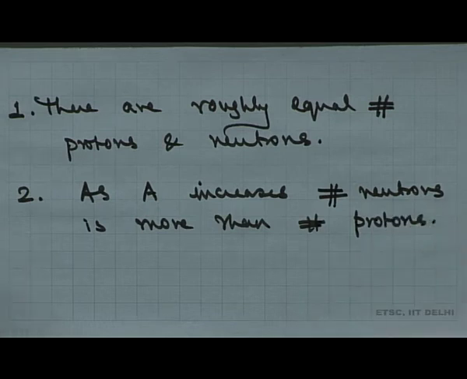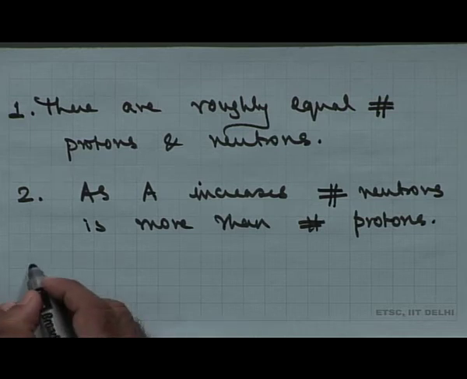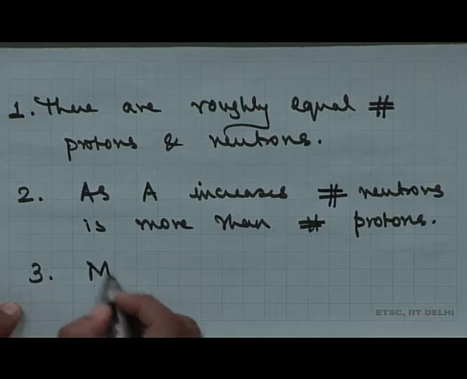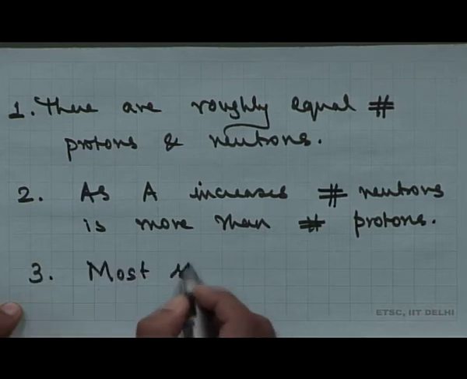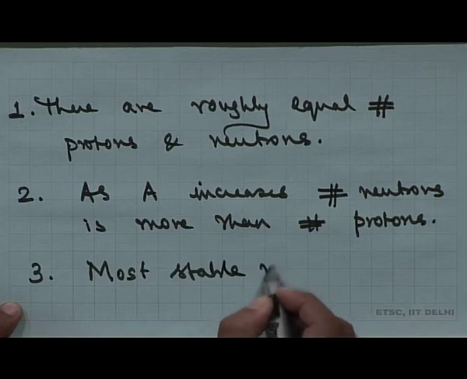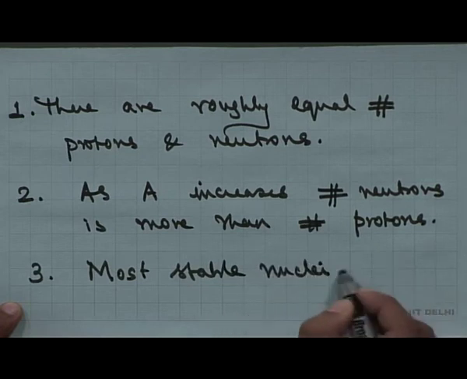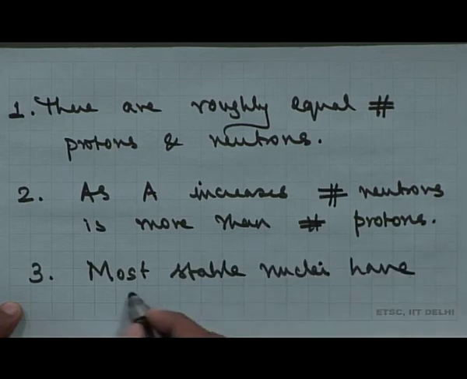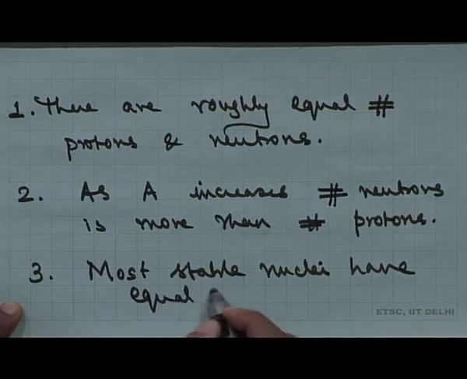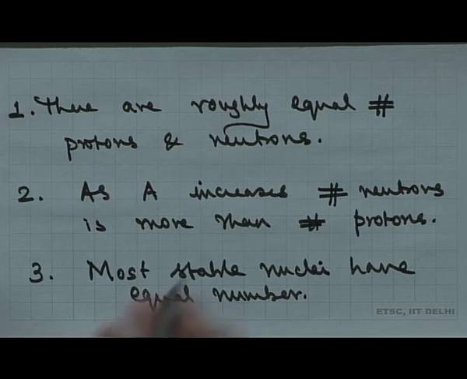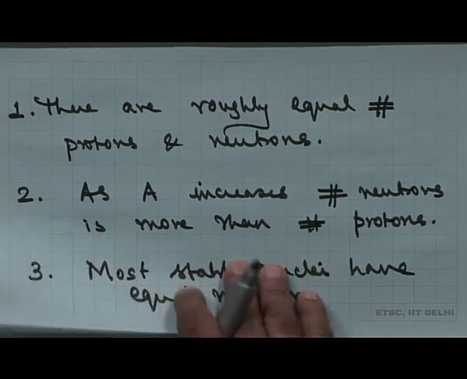As A increases, the binding energy per nucleon also decreases, therefore they are not all that stable. And most stable nuclei have equal numbers, like helium, carbon-12, or oxygen, and so on.